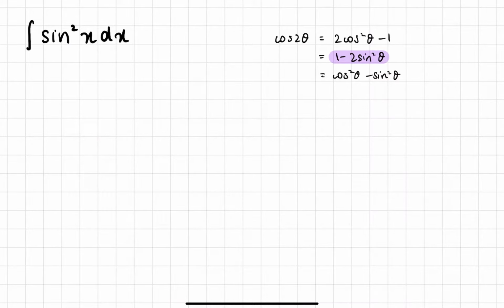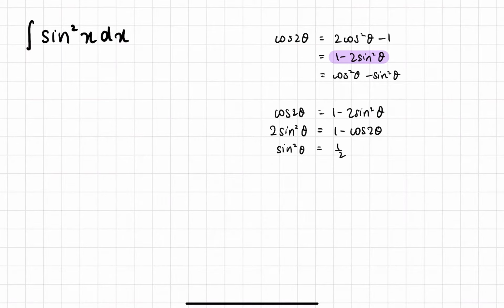Basically, I'm going to rewrite it: cos 2 theta equals 1 minus 2 sine squared theta, and I'm going to make sine squared theta the subject. Let's move this over here, and also divide by 2.